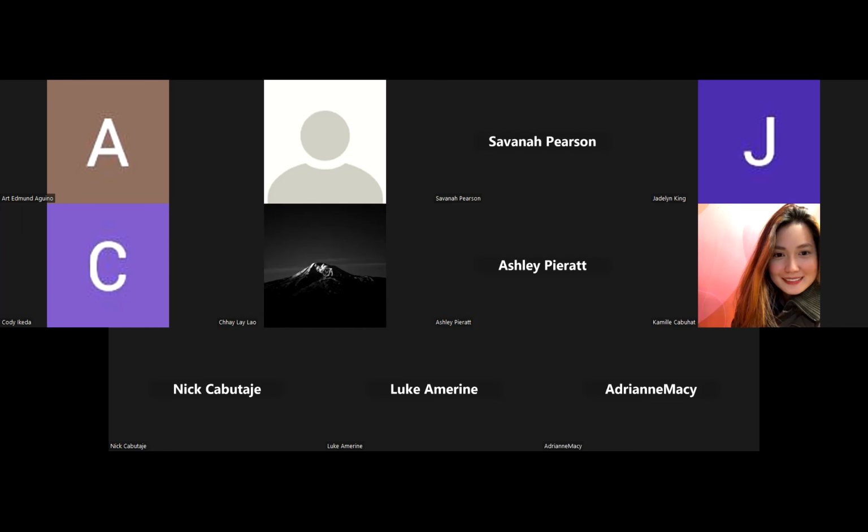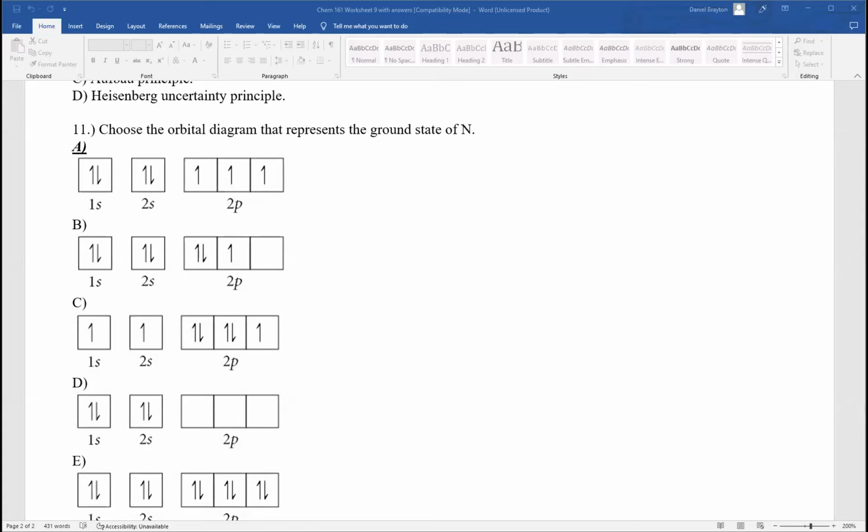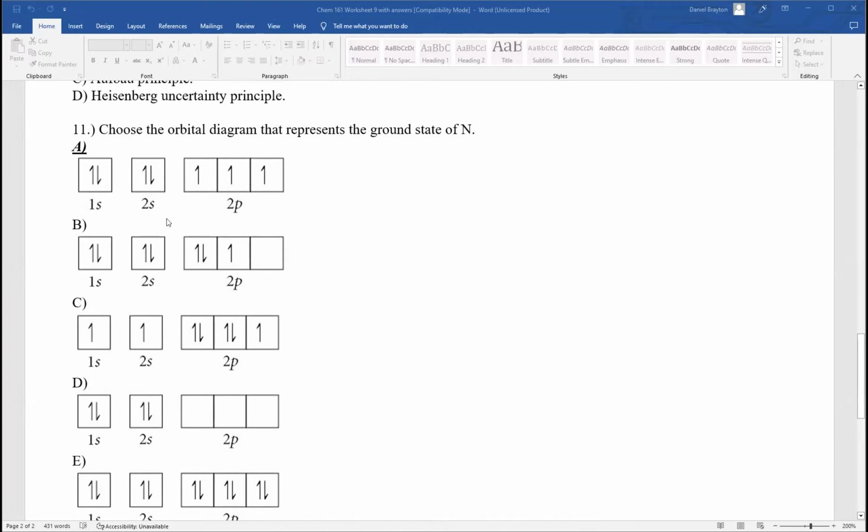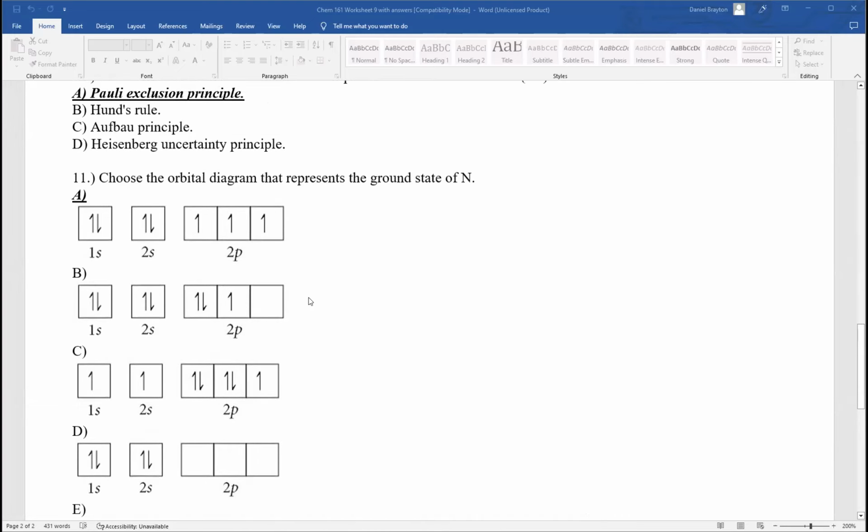So 1s is filled, 2s is filled, and then we want 3 electrons in the 2p. So answers C and D are clearly wrong. E as well. What's the difference between A and B?